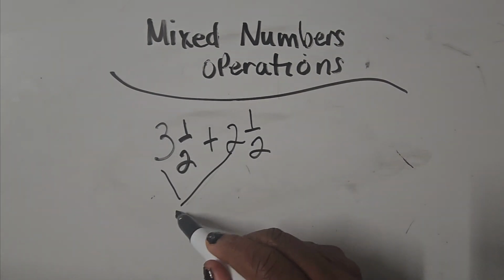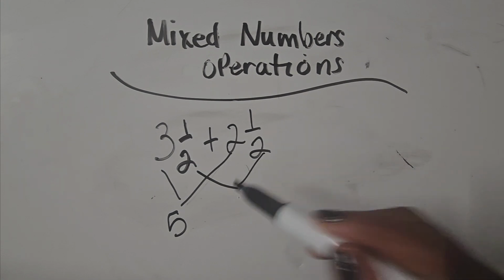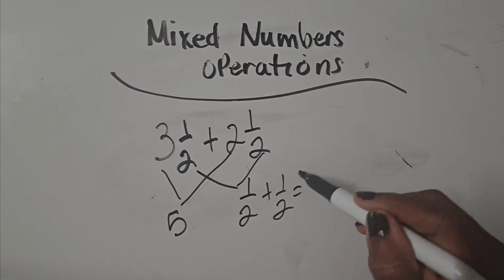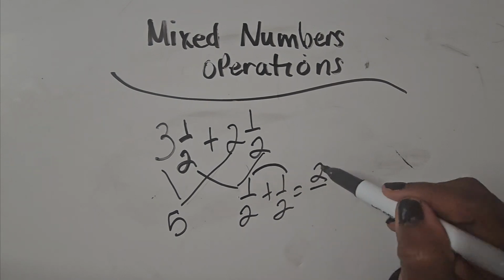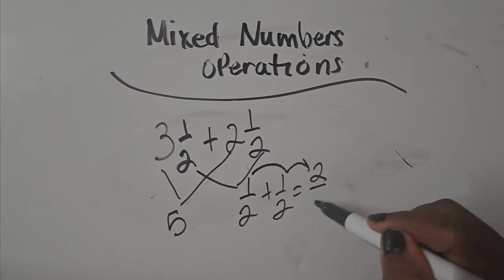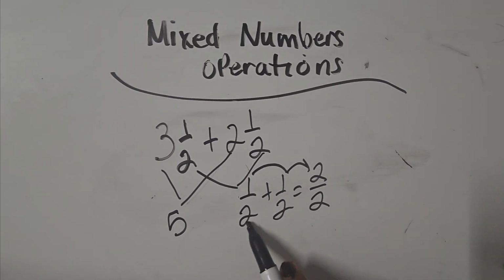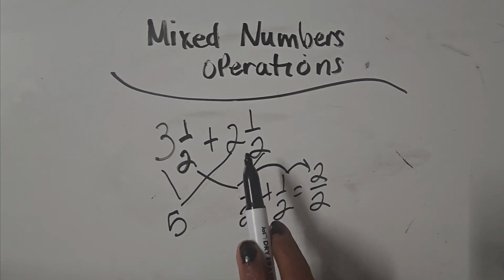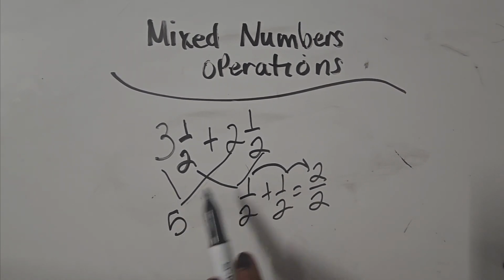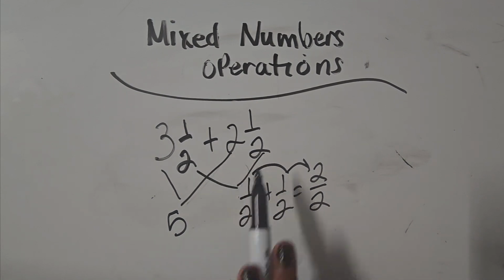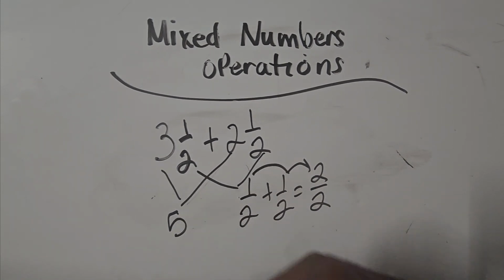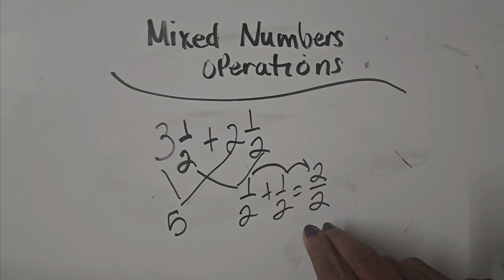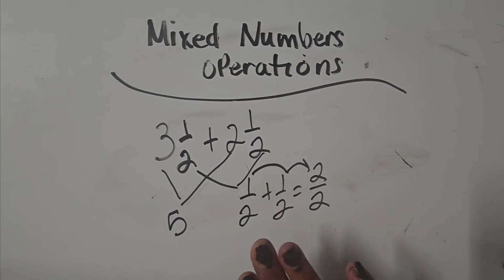This and this would be 5, and the fractions get added together. 1/2 plus 1/2 equals 2 over 2. The denominator does not change. So that's how you add mixed numbers. You don't rename it. You take all the whole numbers, you pull them aside, and you take the fractions and you pull them aside. That's how you add mixed numbers.